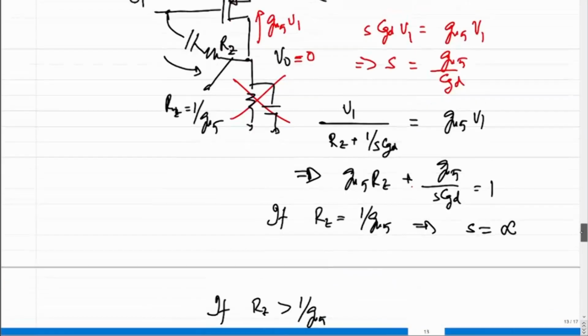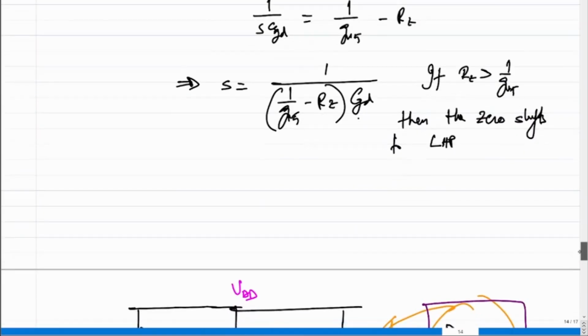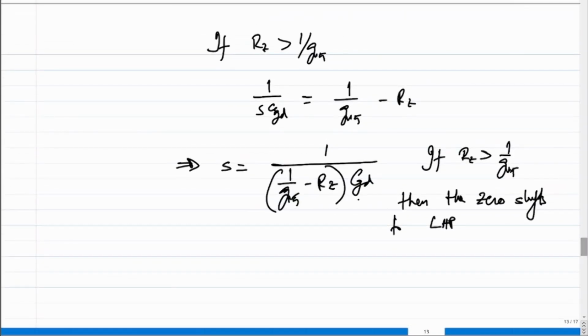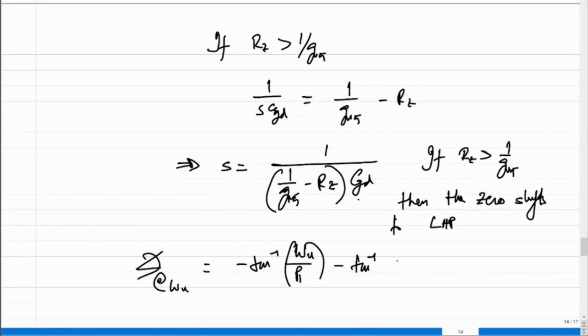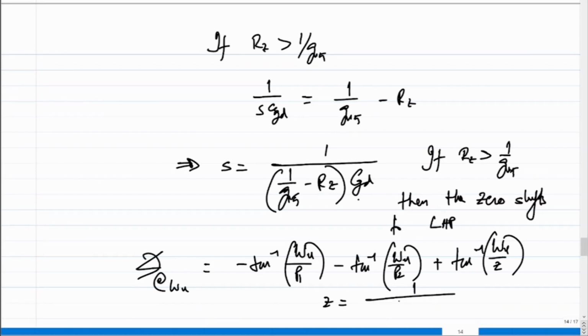So the total phase at omega u will be minus tan inverse omega u by p1 minus tan inverse omega u by p2 plus tan inverse omega u by z, where of course z in this case is 1 over (1 by RZ minus 1 by GM5) times CGD, right?